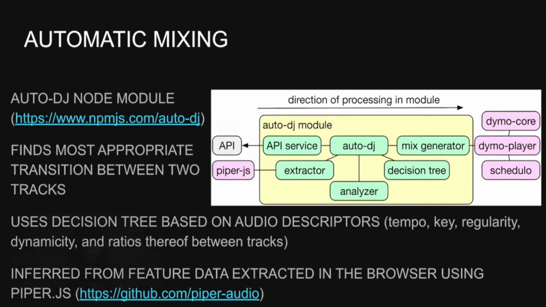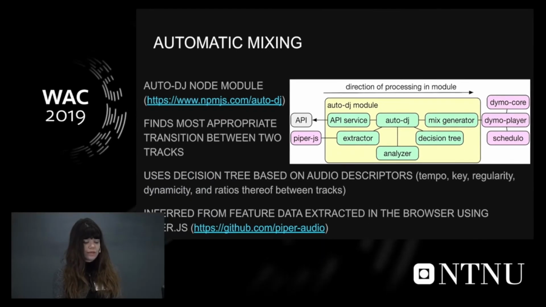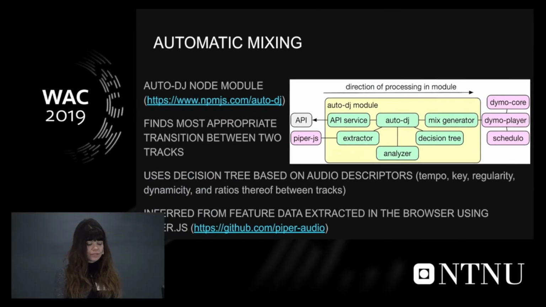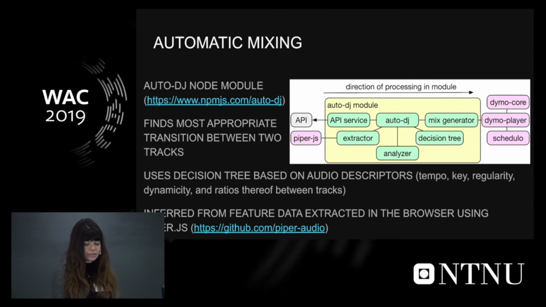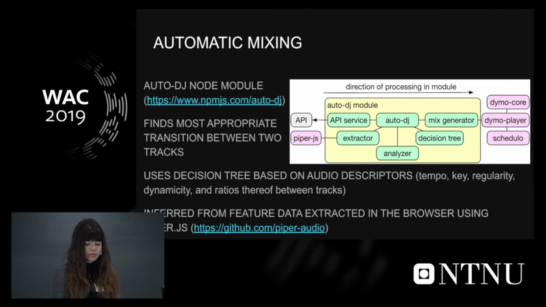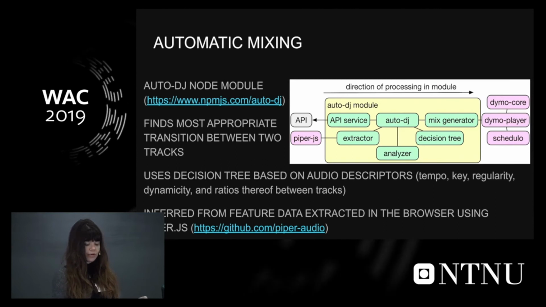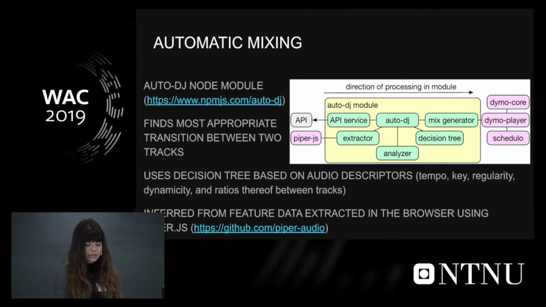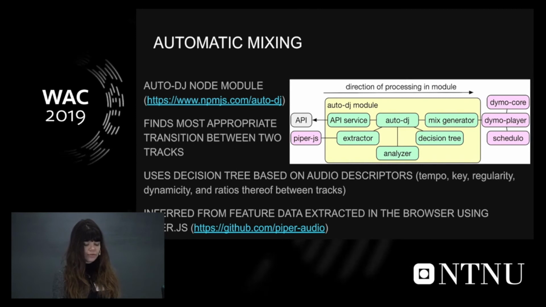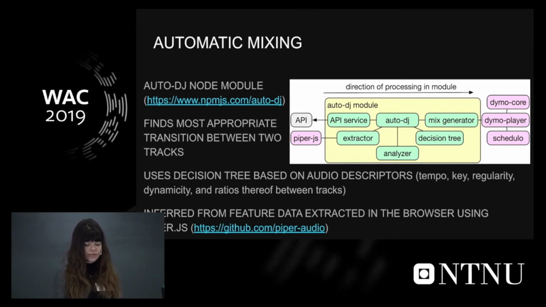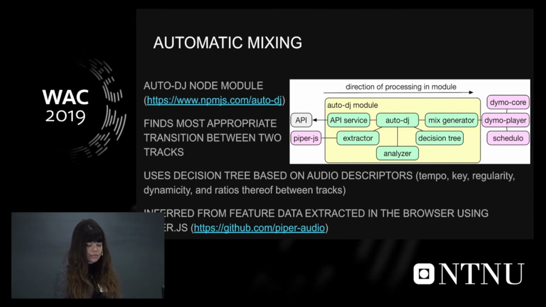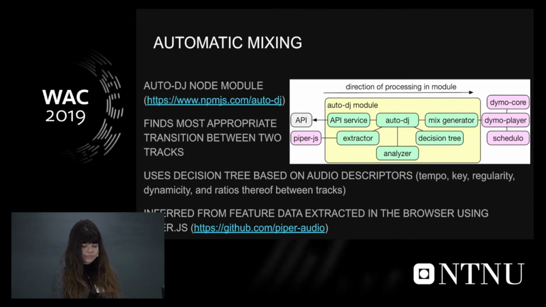There is an auto DJ node module, and it finds the most appropriate transition between two tracks. And it does this by using a decision tree based on audio descriptors like tempo, key, regularity, dynamicity, and then the ratio of that between the tracks. And it infers this from feature data extracted in the browser using Piper.js.